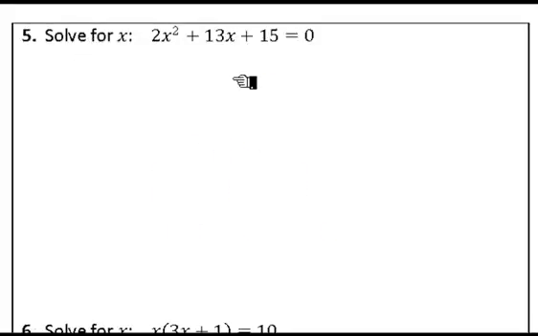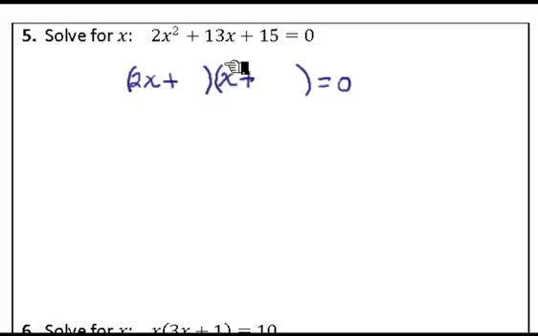In number 5, we have another quadratic equation in standard form, 0 on the right-hand side. So let's try factoring this using reverse FOIL. All right, first times first is 2x squared, so that would be 2x times x. Now everything is positive, so we have two pluses here and here.